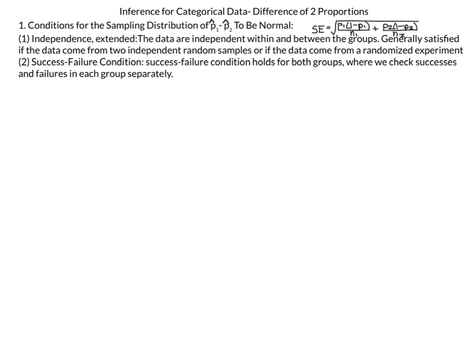And extended because now that we have two proportions, each proportion needs to have been independent, and also the two groups should be independent of each other. Next, we have the success-failure condition. It's pretty much the same thing we had in our previous video. We'll be doing an example of that in this video.